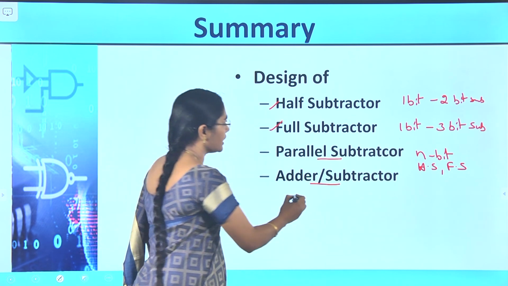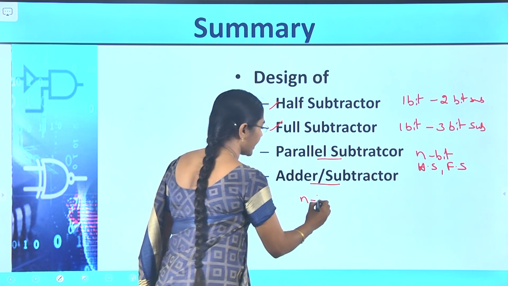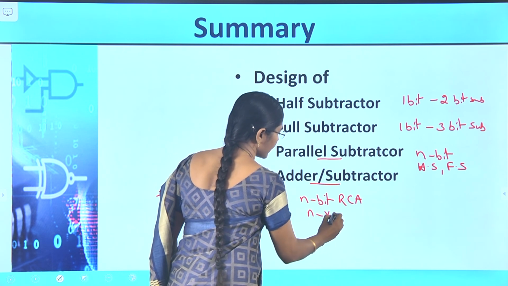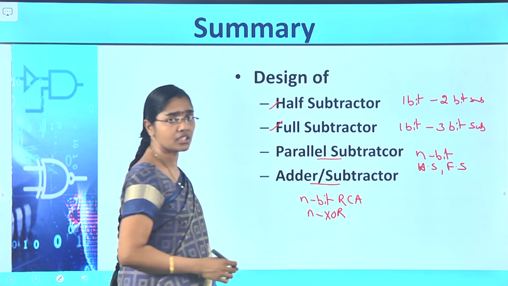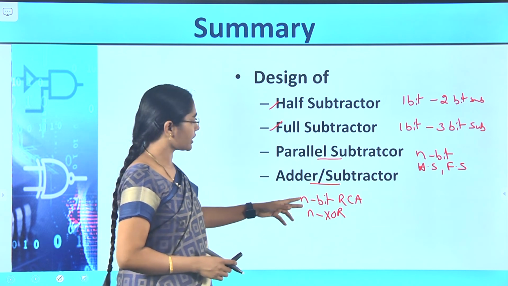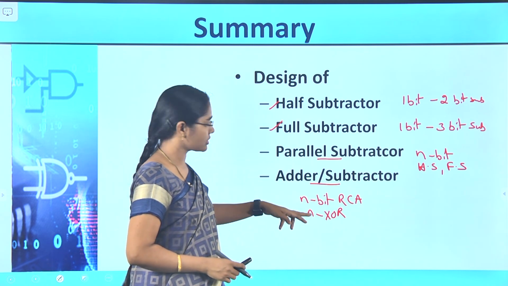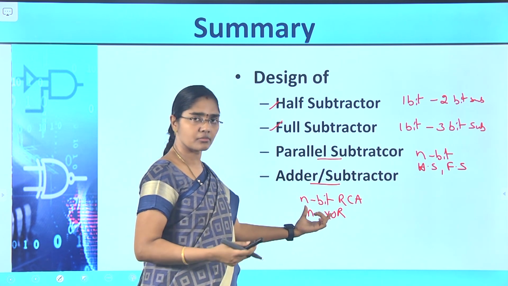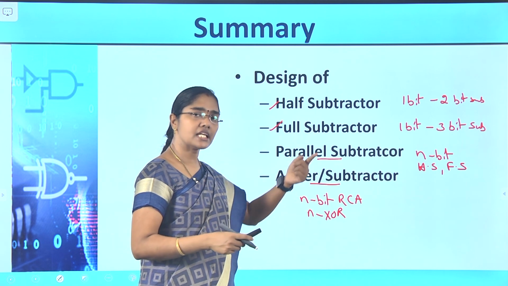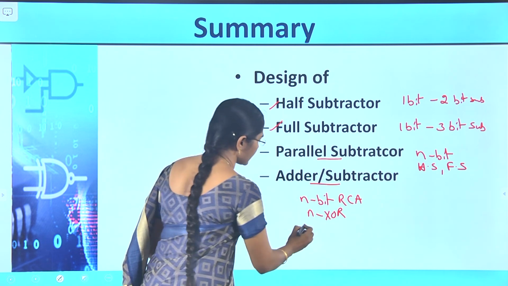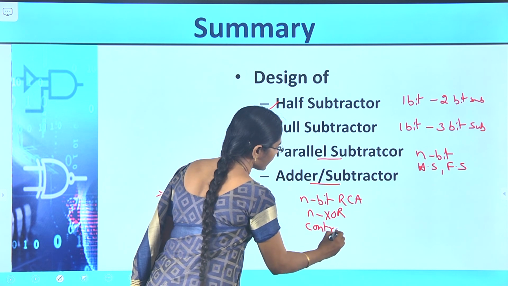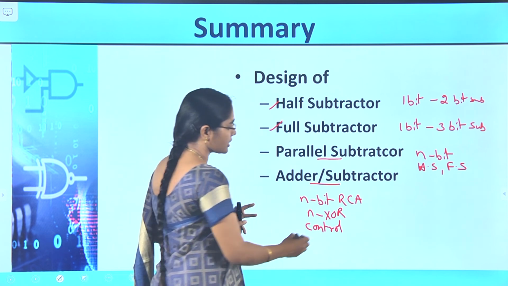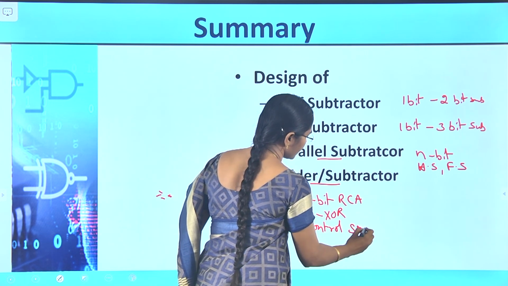Along with the n-bit adder, n-bit RCA, it uses extra n XOR gates for getting the complementary signals. So, using the n-bit ripple carry adder structure with n XOR gates applied to the second input so that it is complemented, and applying a control signal as the LSB input, that is Cin, to this RCA, the same hardware can also implement an n-bit adder bar subtractor.